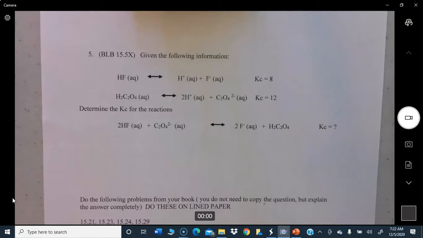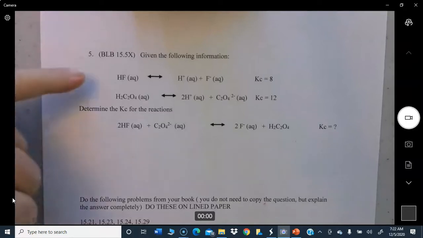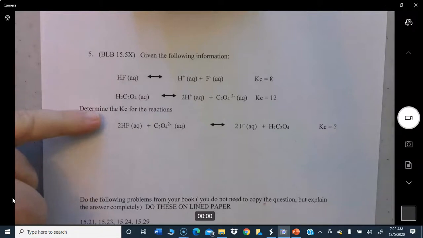Okay, number 5. Given the following information, and you're given 2 equations, 2 reversible reactions with their equilibrium constants, and they want you to determine the equilibrium constant for that target reaction. So this is just like Hess's law. What you try to do is find a way to combine these two to make this one.